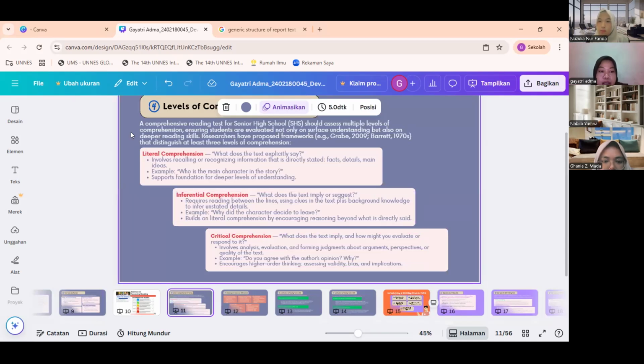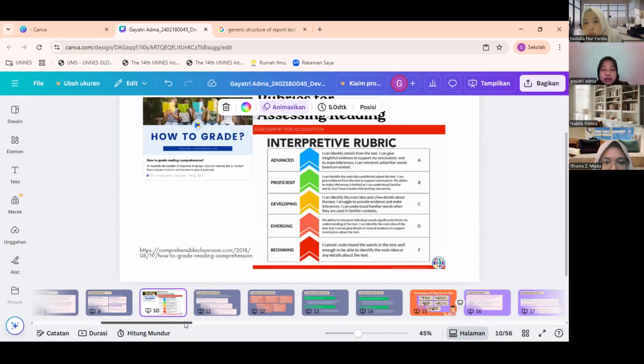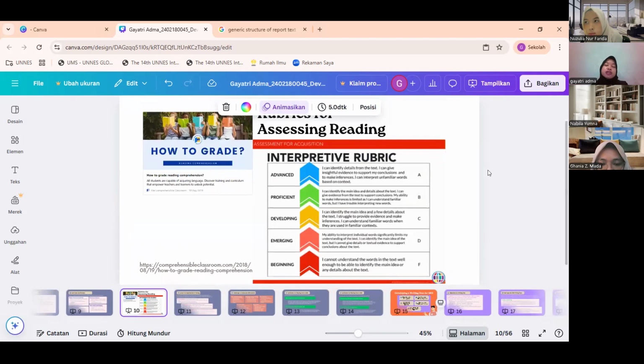So we as teachers have to make sure that we make an assessment that covers these 3 levels of comprehension. And the weighting, I think, would deal with the rubric that the teacher uses.